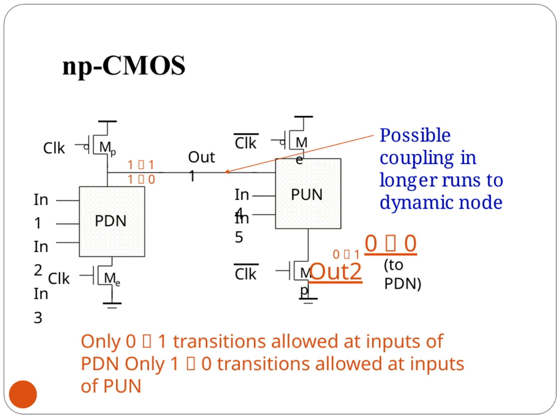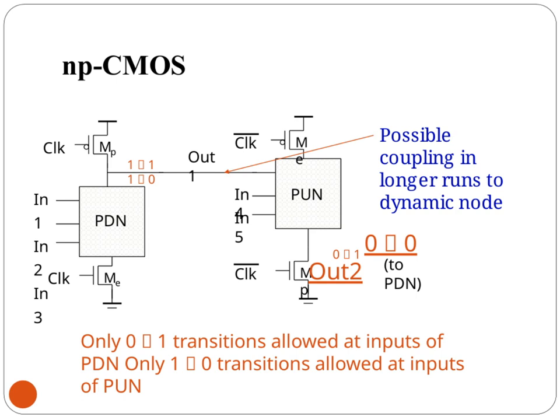However, we need to be mindful of possible coupling effects in longer transistor runs, especially at the dynamic node. This can potentially lead to unintended charge sharing or noise, which might impact circuit reliability. So, understanding these allowed input transitions and their implications on the PDN and PUN helps us design more robust and efficient CMOS circuits.